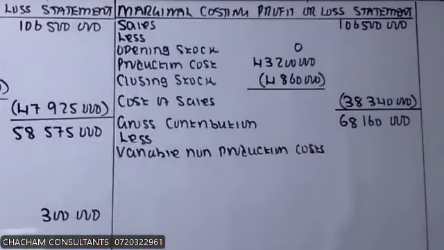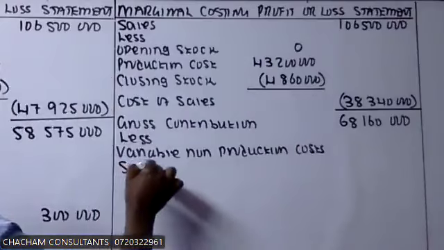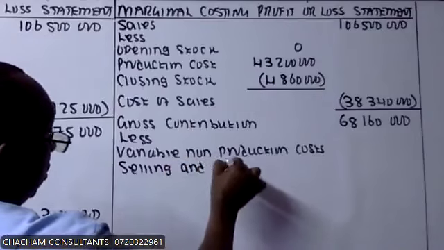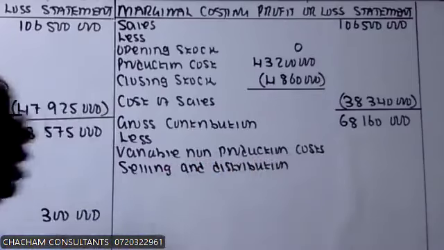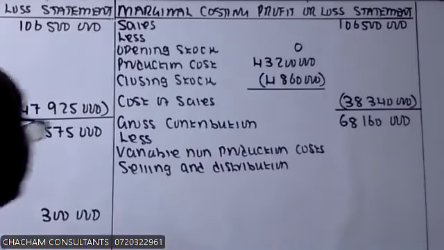So variable non-production costs, we had selling and distribution. Now this selling and distribution, the variable, just like we computed at the absorption, it is 10,650.